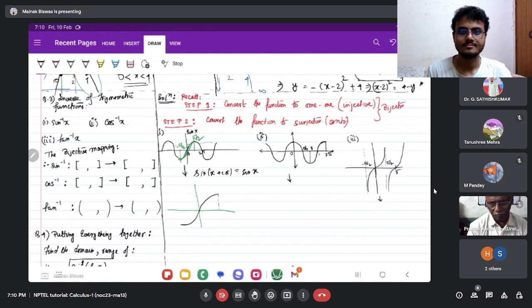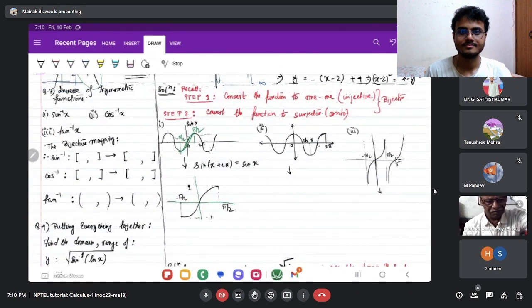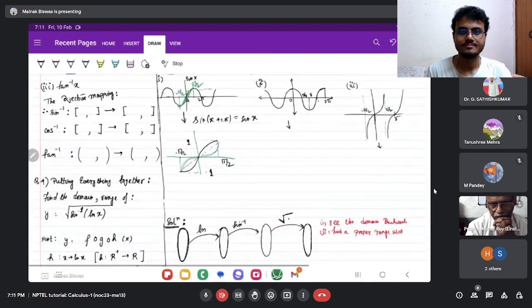This is 1, and this is your minus pi by 2, this is your pi by 2, this is your minus 1. So I flip this, and it becomes something like this. I just need to be careful about the domains.